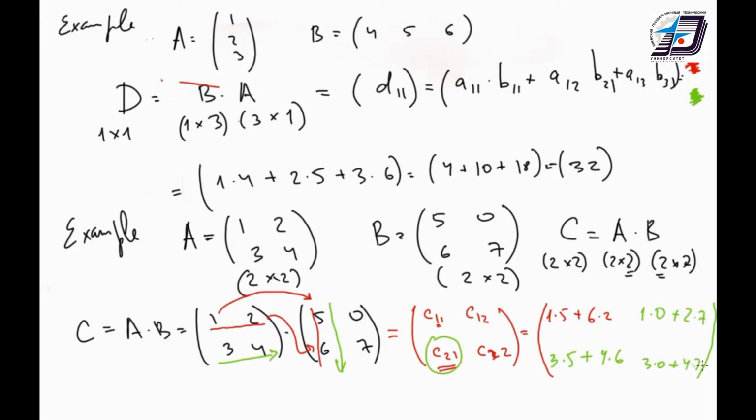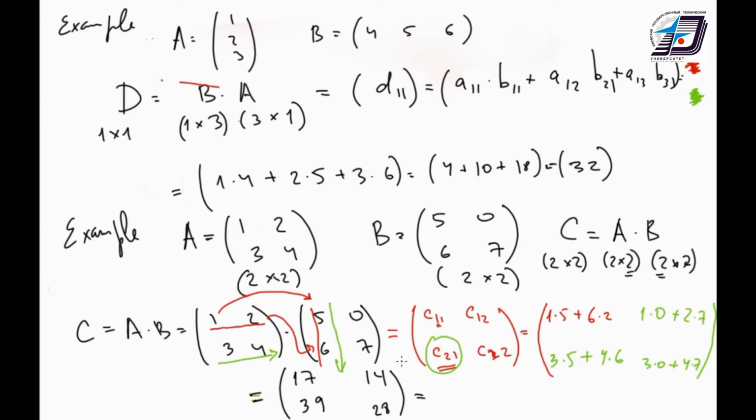I have 3 times 0 plus 4 times 7, and consequently finally I have the following matrix. 5 plus 12, 17, 0 plus 14, 14, 15 plus 24, it is 39, and the last one 28.